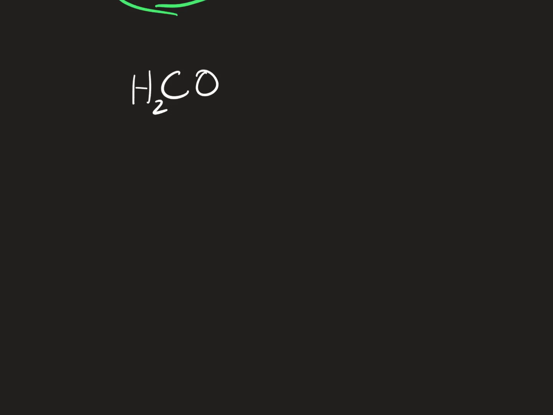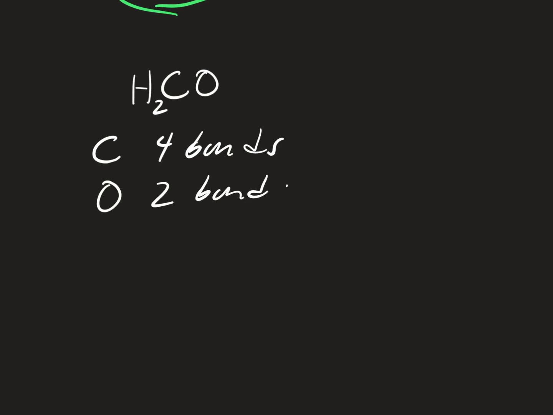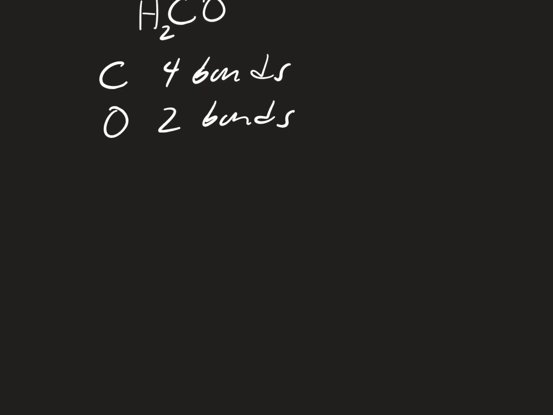One rule is this: when it comes to carbon, it usually always has 4 bonds. You really should write this down. Oxygen tends to have 2 bonds. Nitrogen tends to have 3 bonds.